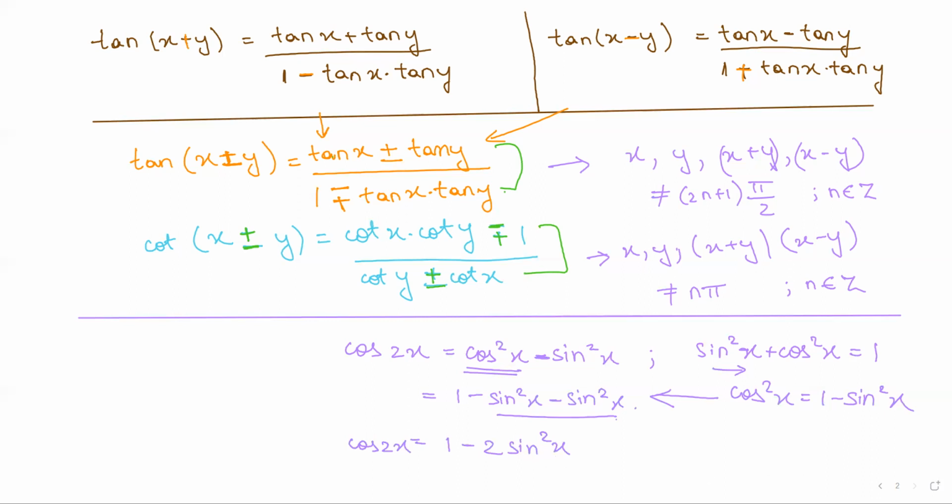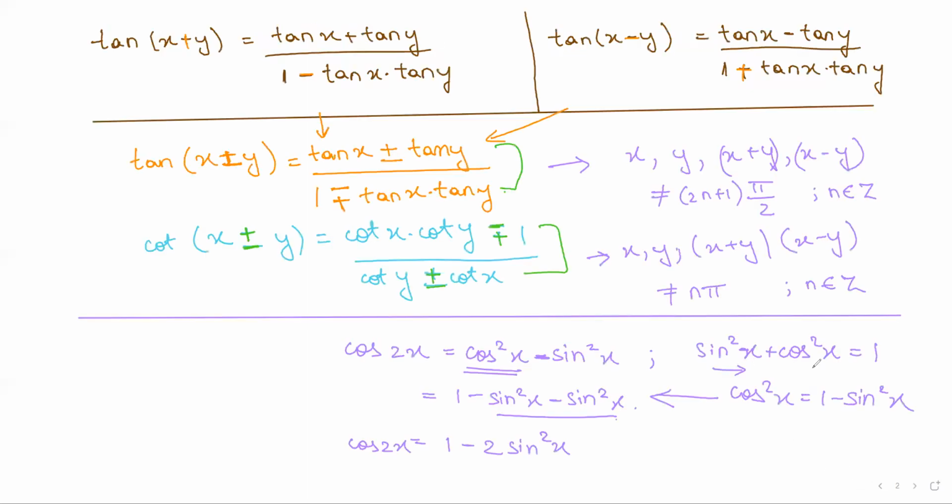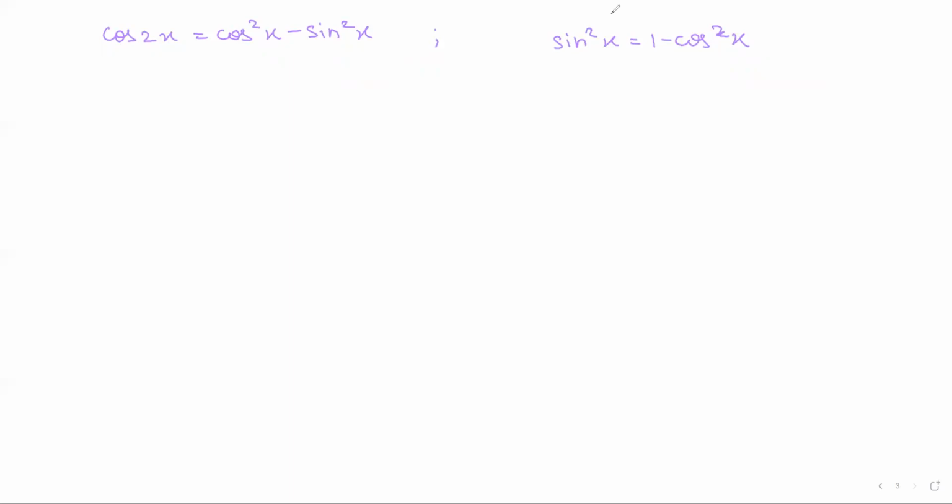Another variation of the same cos 2x: we know that cos 2x is equal to cos square x minus sin square x. With the trigonometric identity, we can also write sin square x is equal to 1 minus cos square x. Instead of taking sin square x on the right hand side, we are now taking cos square x on the right hand side to obtain the value of sin square x.